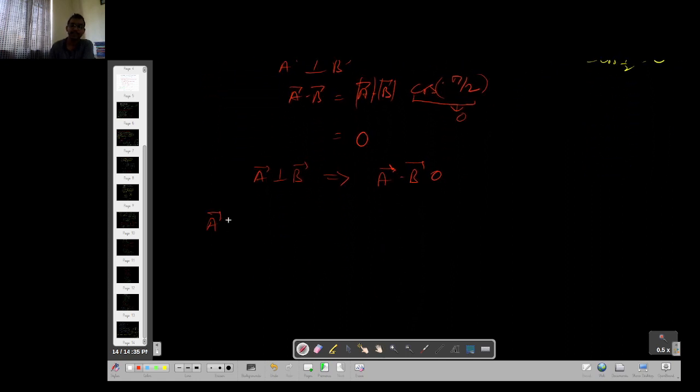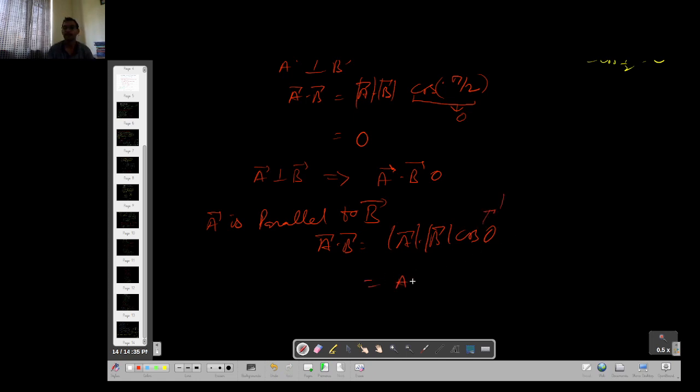And if A is parallel to B, what does it mean? It means that A dot B is equal to AB cos 0, and cos 0 is always 1, so that means it is simply AB.